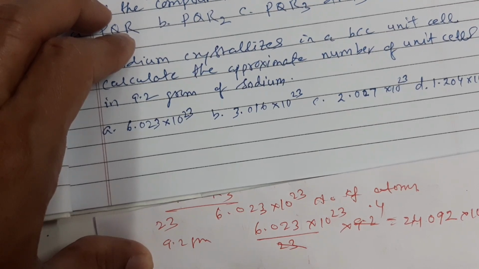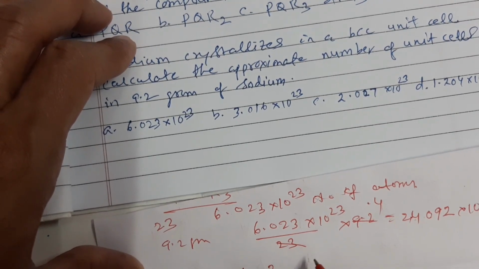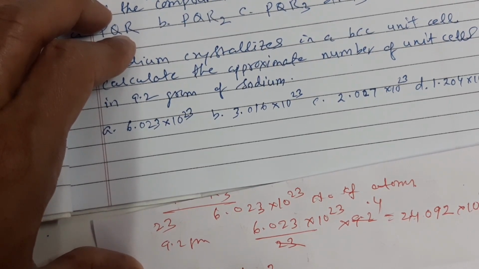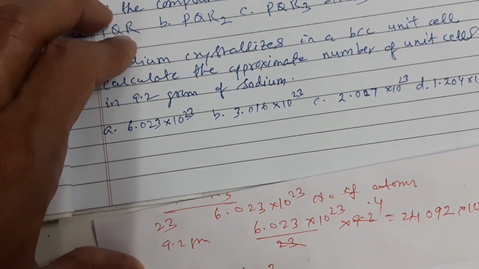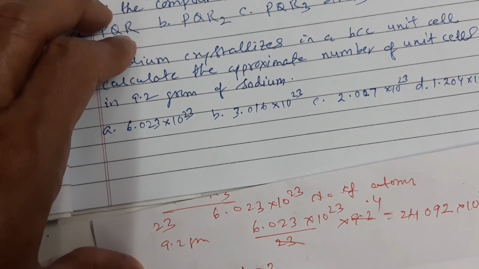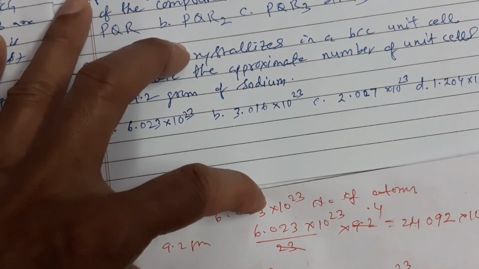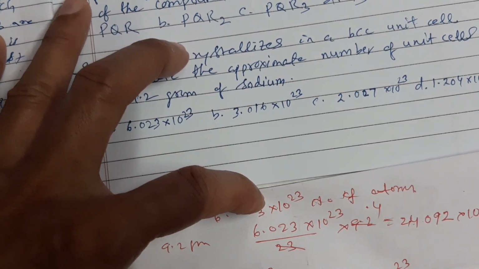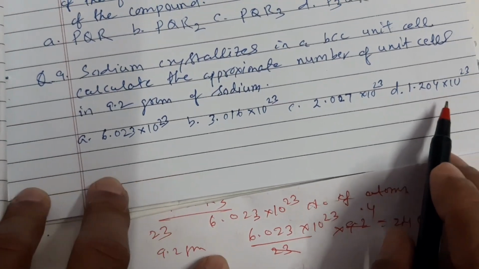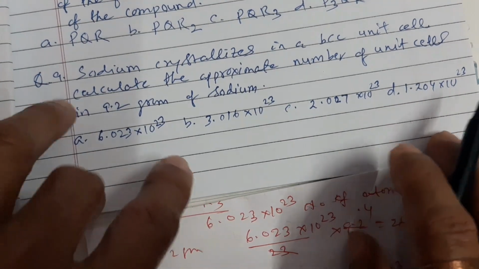At the center of the body it is another 1, so 2 atoms are present per unit cell. So the number of unit cells is 2.4092 multiplied by 10 to the 23 divided by 2. Your answer is 1.204 multiplied by 10 to the 23. This is the answer, okay students.